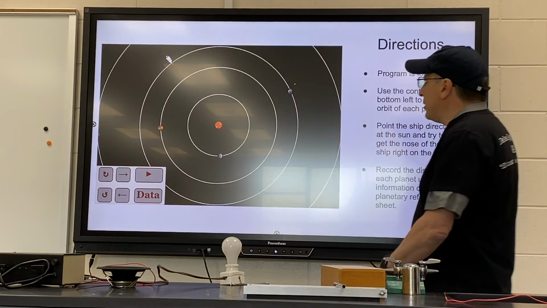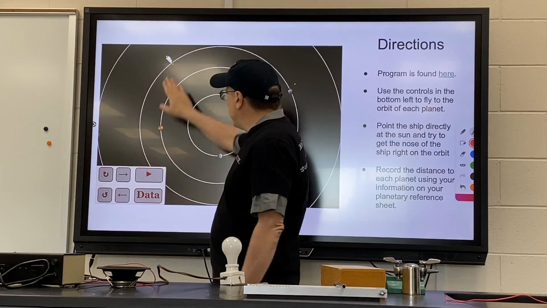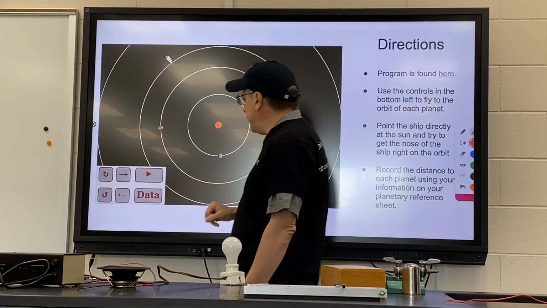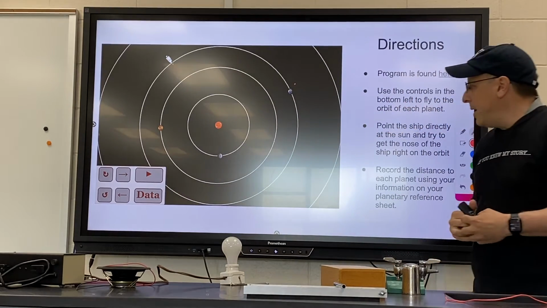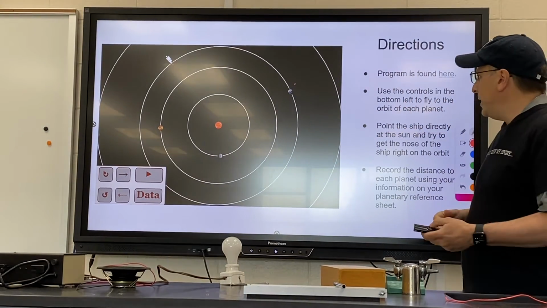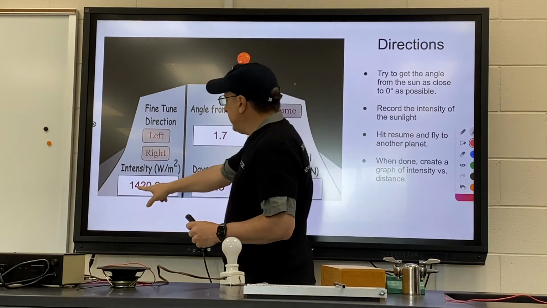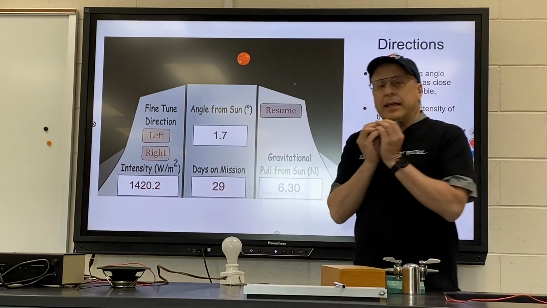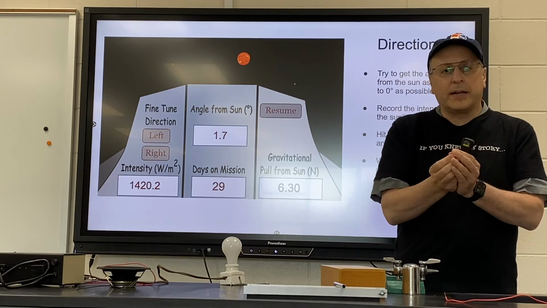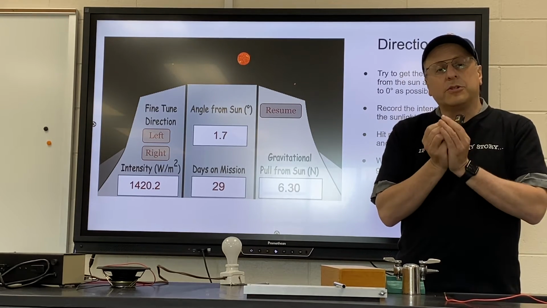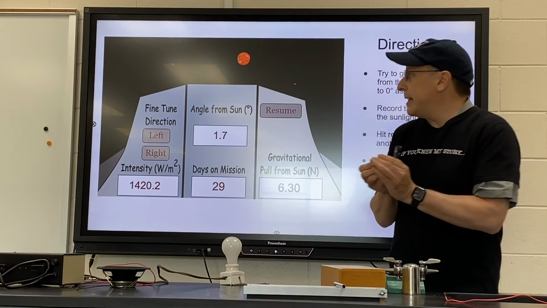Okay, then what you're going to do is once you have stopped your spacecraft, you'll hit this data button. And with that data button, you'll get a screen that looks something like this. You're going to write down the intensity of the sunlight at the spot where you are parked. Now, it's very important that your spaceship is pointed directly at the sun.